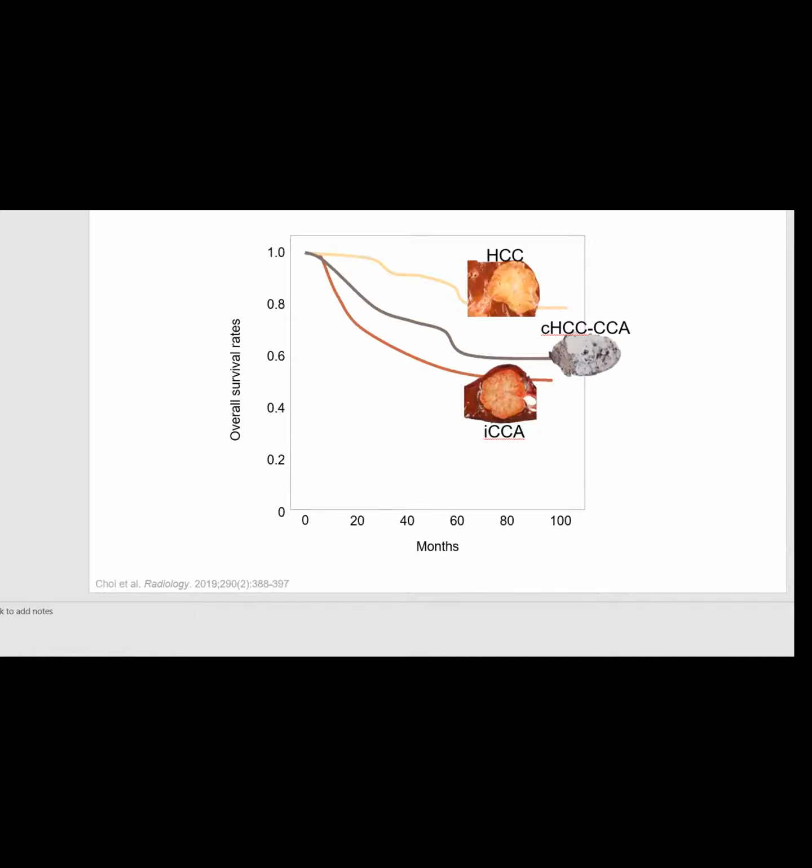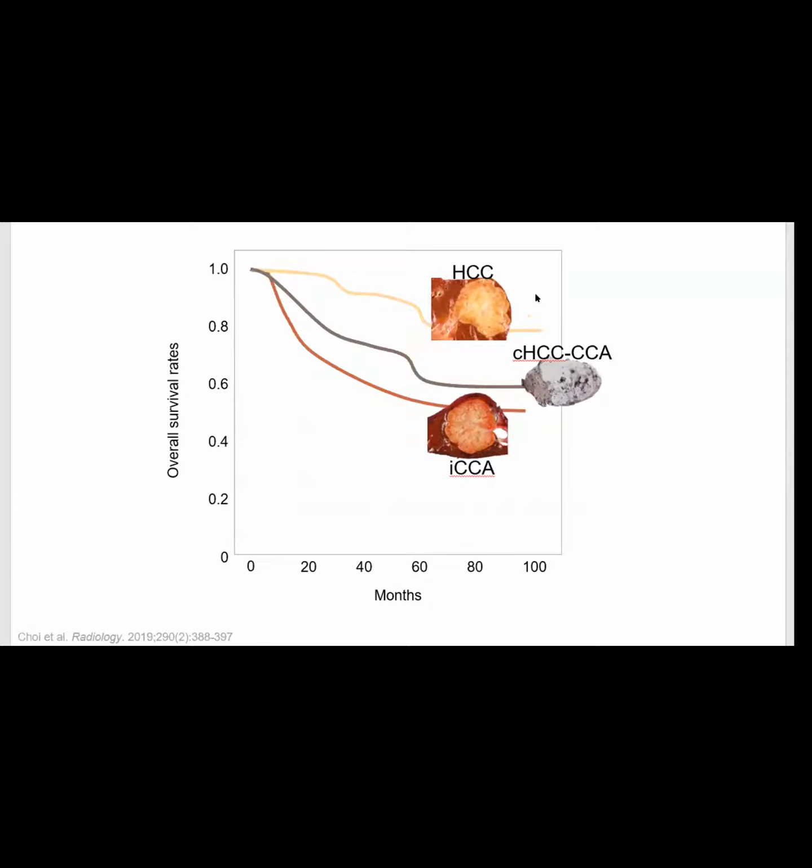There was a paper published in 2019 from Korea that looked at this issue, and the interesting part is that when they looked at survival analysis of the group with conventional HCC versus the group with conventional intrahepatic cholangio, the patients who had path-proven combined tumor had a curve in between.